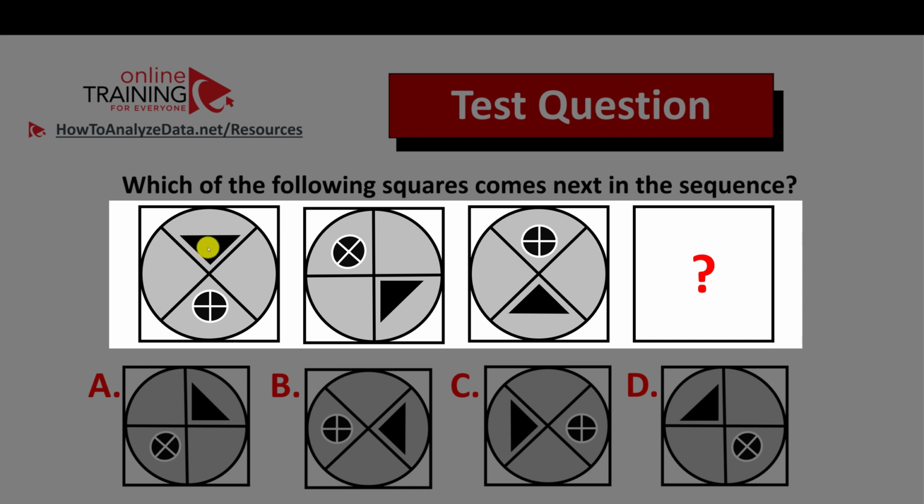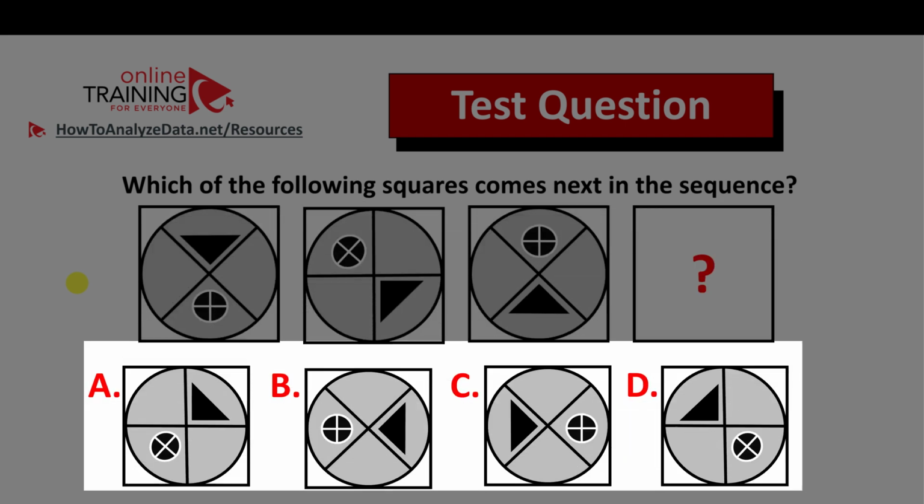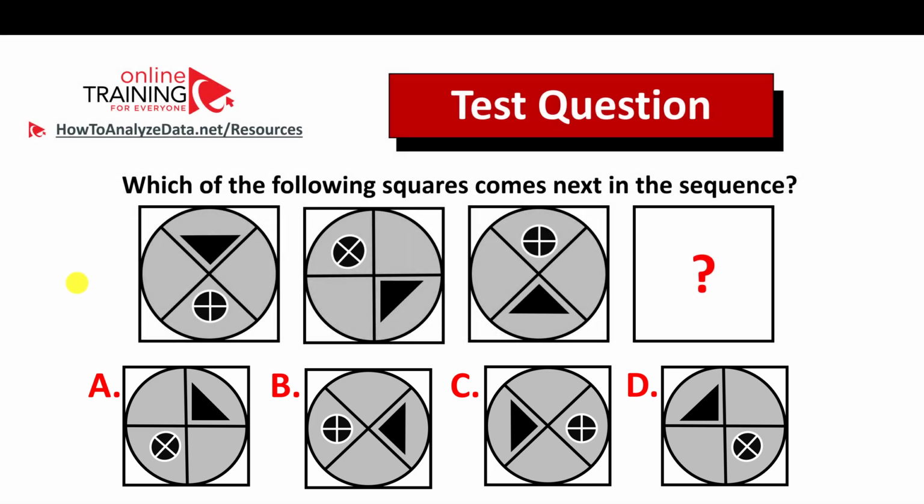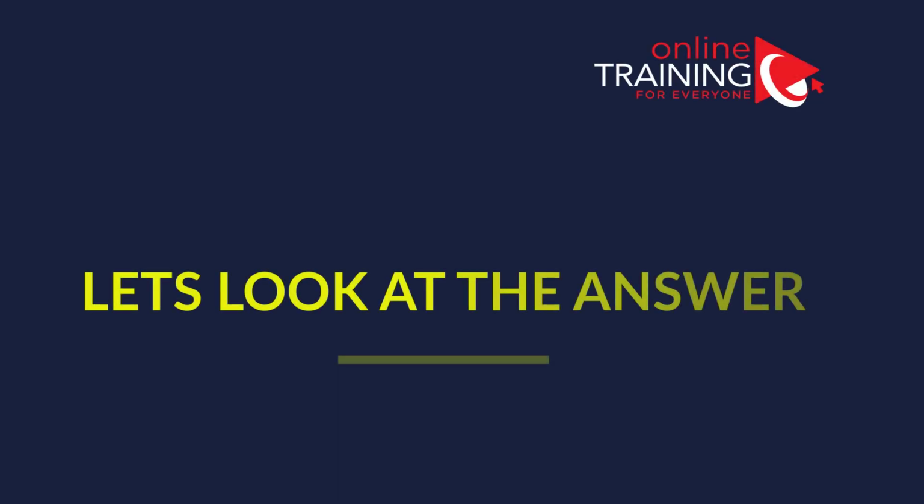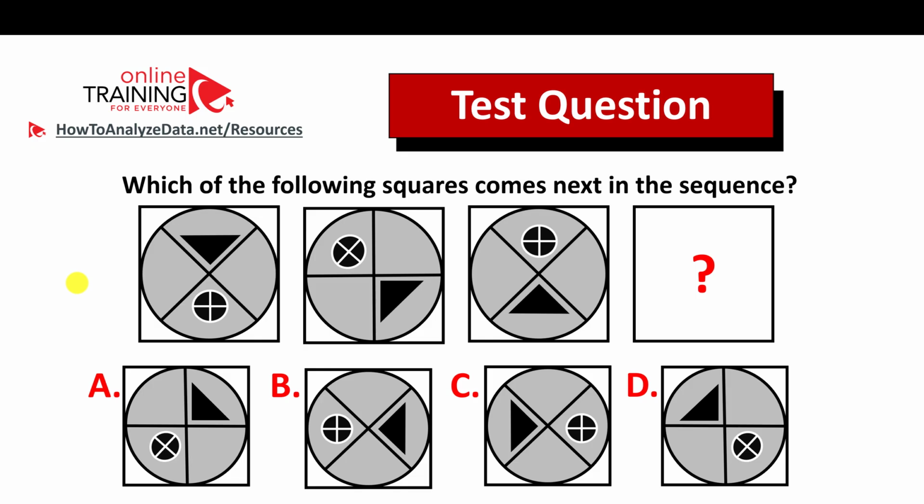You have triangles and circles located in different quarter positions, and you need to determine which object comes next in the sequence. You're presented with 4 different choices, A, B, C, and D. But first, you need to understand the pattern. Do you see the pattern? Please give yourself 10 to 15 seconds to see if you can come up with the solution. Did you figure out the answer? Let's continue to see how we can get to the correct solution and solve this challenge together.